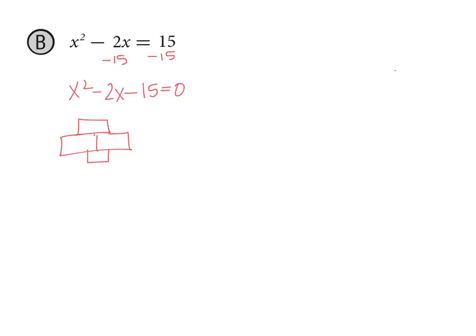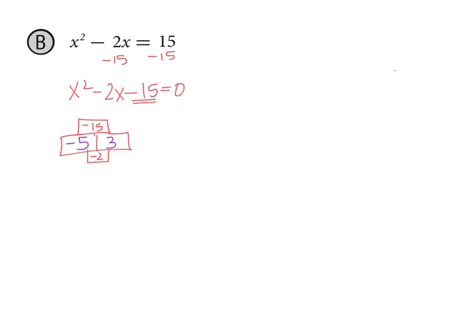So remember, my top number is my product, which is this final number, -15. The bottom is the middle number, -2. And I have to come up with 2 numbers that solve this puzzle. And if I think about that, my 2 numbers I think are going to be -5 and +3.